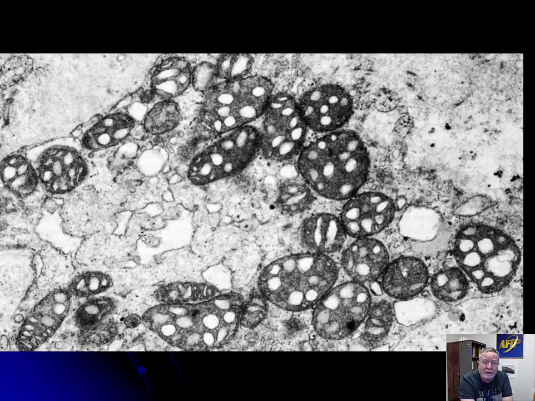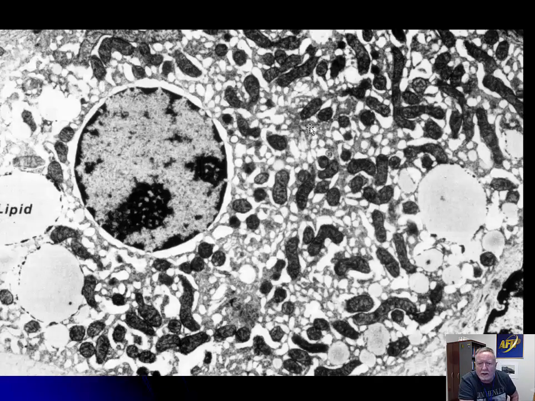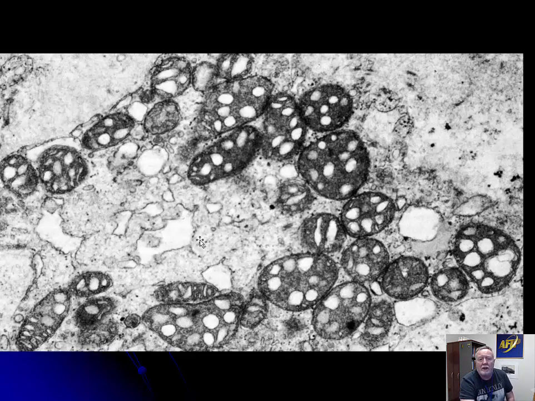You can see that the smooth endoplasmic reticulum is significantly dilated here, and as opposed to the previous slide where the cytosol was condensed, it becomes light and lacy because of all of the water that has been absorbed by the cell.